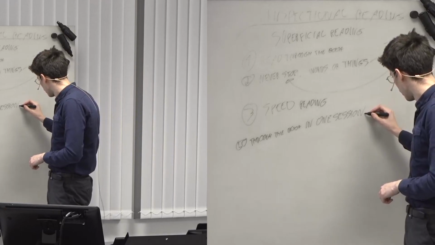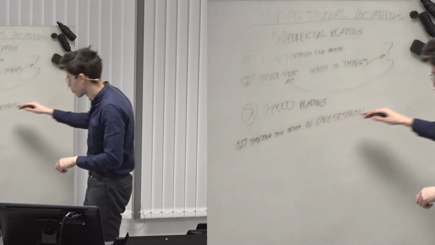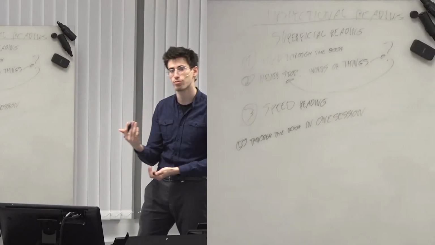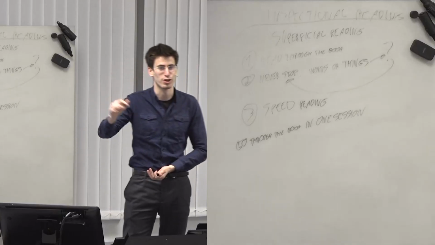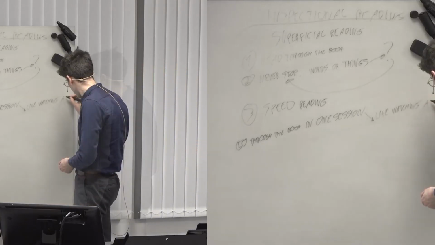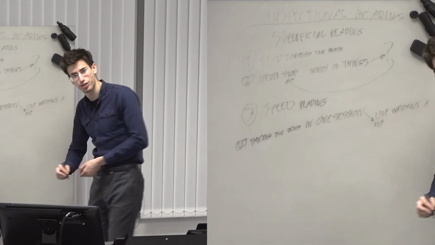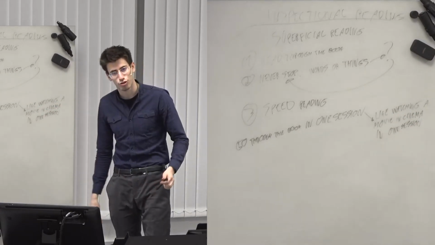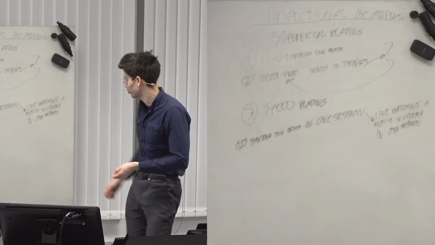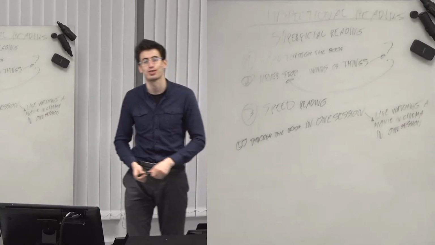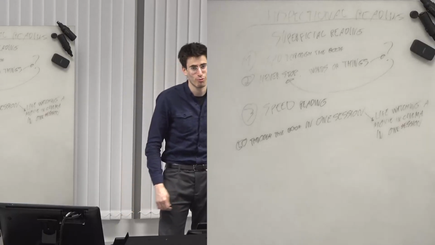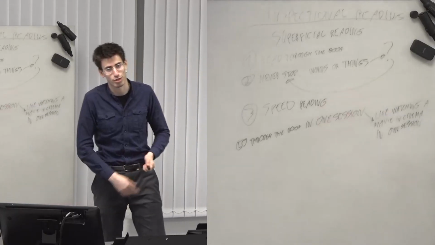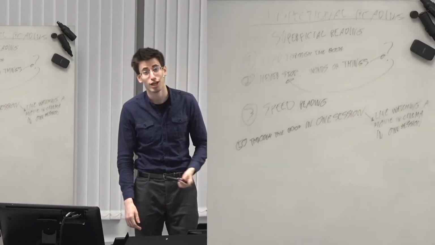Okay? So when you go through the book in one session, it should be the same thing as watching a movie in one session. So it's when you watch a movie in the cinema, all in one setting. So what's advisable, just like when you're going to watch a movie in the cinema, you go to the bathroom first, you go and pick up the snacks that you're going to eat.